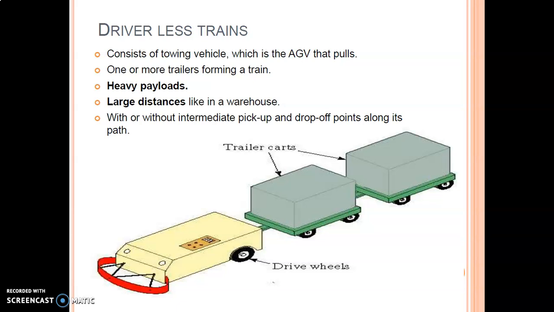That trolley can carry the load. So this driverless train is used for heavy payload transmission. In the last one we discussed the one used for small loads. By using this system you can also travel long distances.